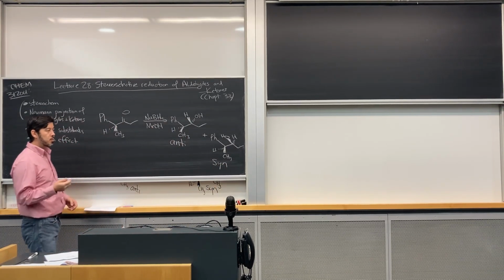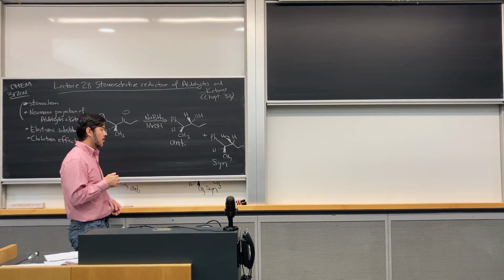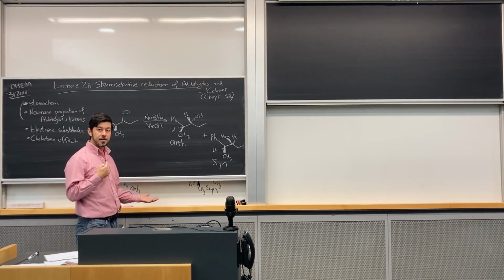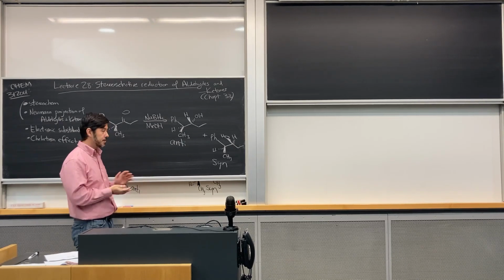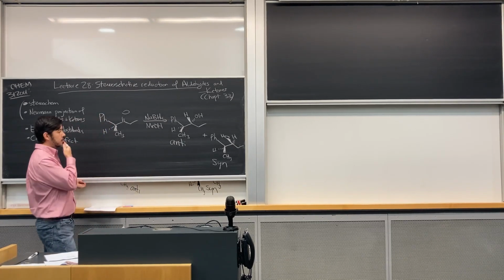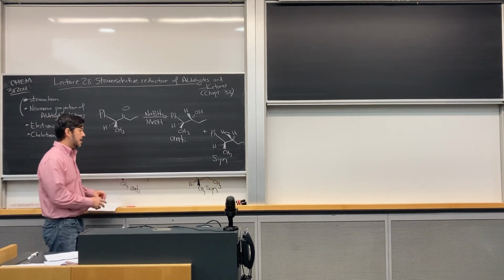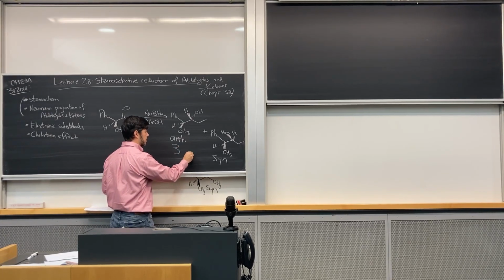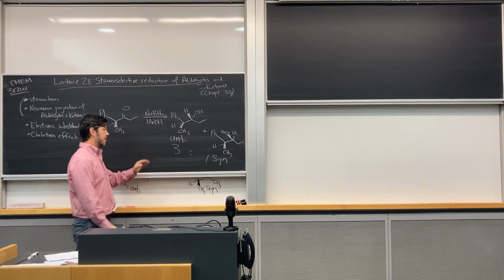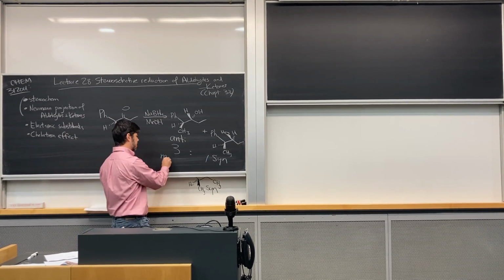So the question is, well, what are their relative distributions to one another? Are they created equally, a 50-50 mixture, or is there some inherent ratio of a major to minor product? So if you actually do this reaction, you will get a 3:1 ratio of anti to syn.